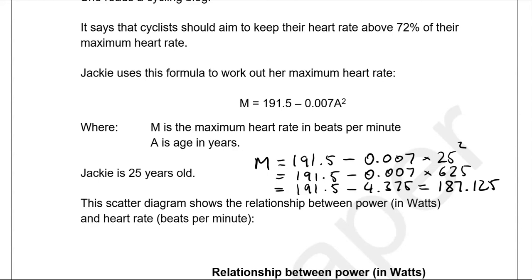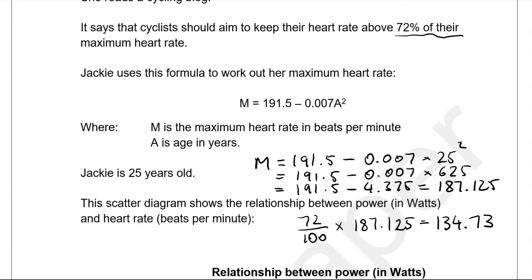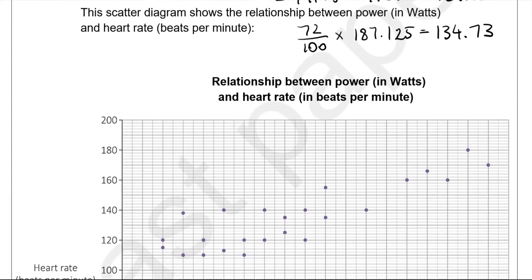187.125. We've got to work out 72% of the maximum heart rate. So we're going to go 72 divided by 100 times 187.125, which gives us 134.73. So that's roughly about 135.